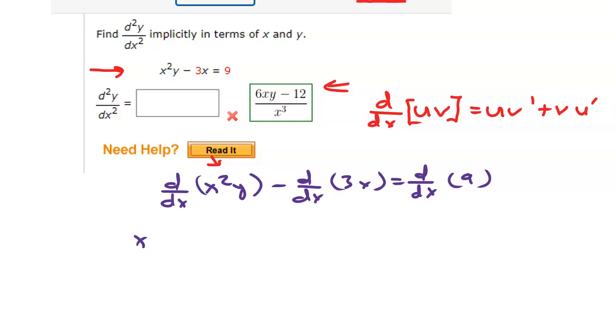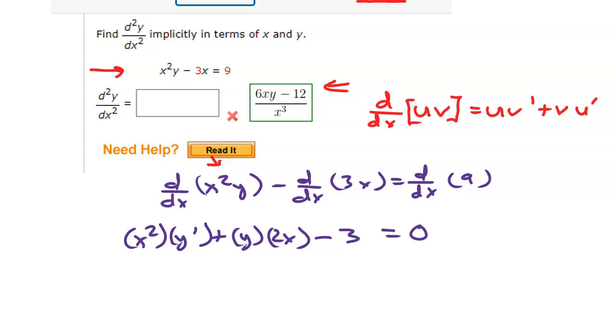So that's going to be x squared times the derivative of y, which is y prime, plus the v term, which is y, times the derivative of x squared, which is 2x. And then minus the derivative of 3x, which is 3, and that's equal to the derivative of 9, which is 0. That's a constant.